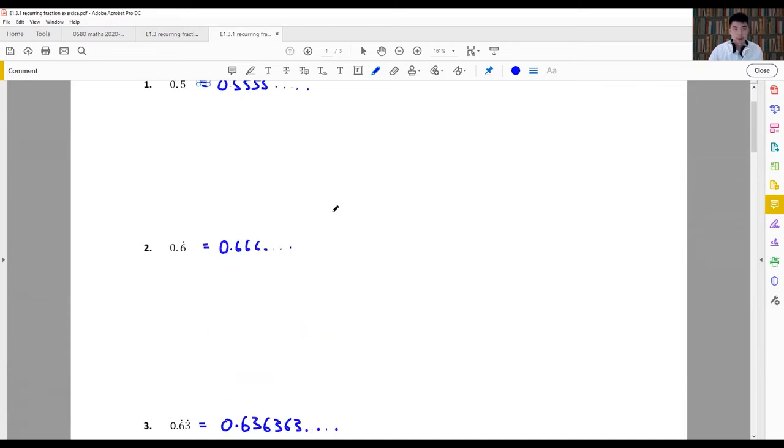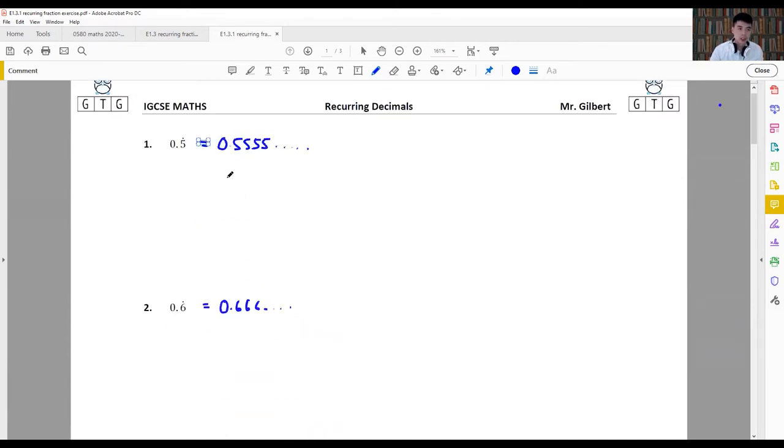All right. Now, what we're going to do today is convert these recurring decimals into fractions. Representing them as a fraction gives a complete value, instead of having to round up or round down sometimes. In order to turn recurring decimals into fractions, the magic number that we need to know is 9.